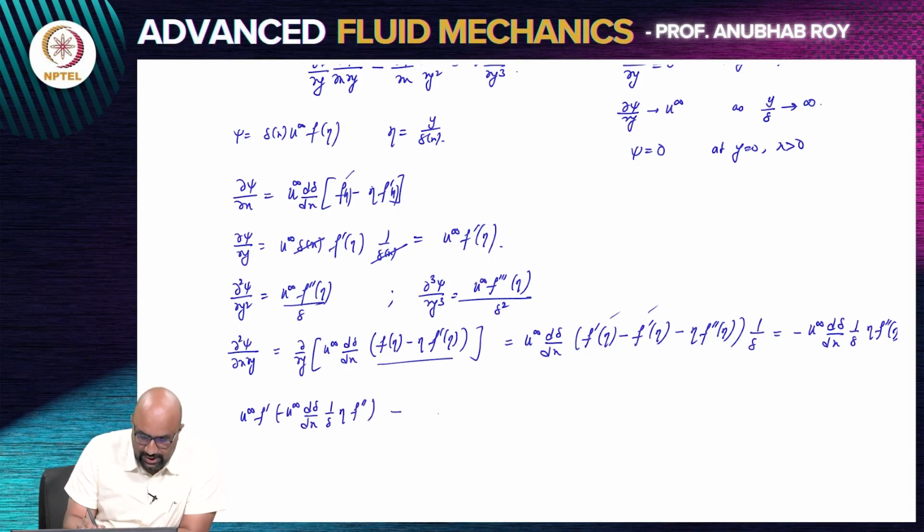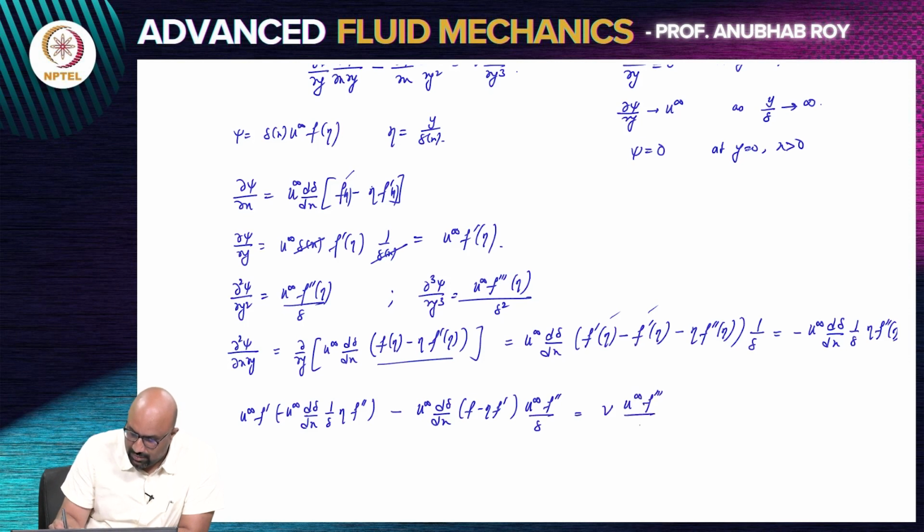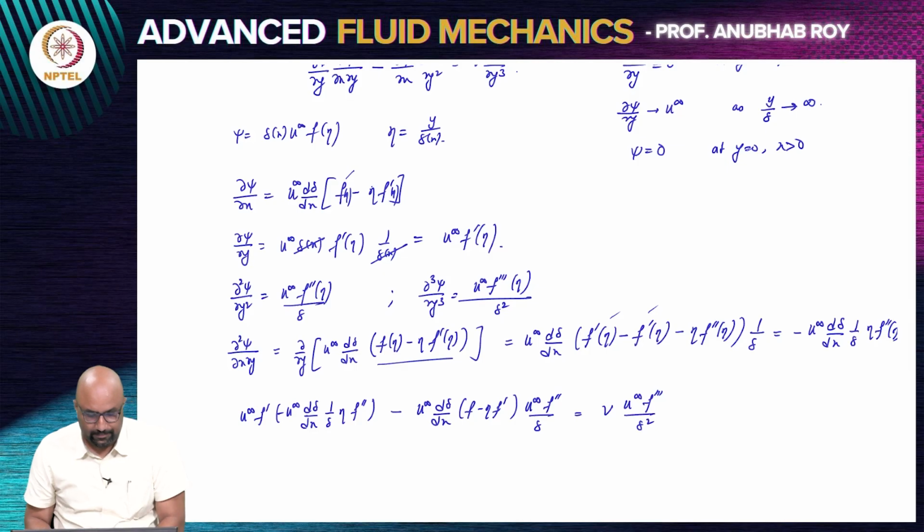Then for dou psi dou x, it's u infinity d delta dx into f minus eta f dash, and then the second derivative, which is u infinity f double dash by delta, and the right hand side is the third derivative with respect to y. So that is u infinity f triple dash by delta square.